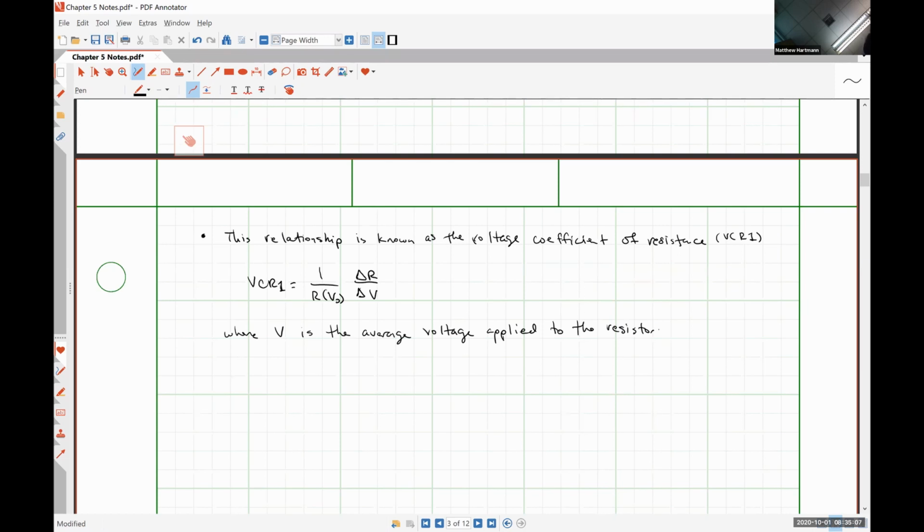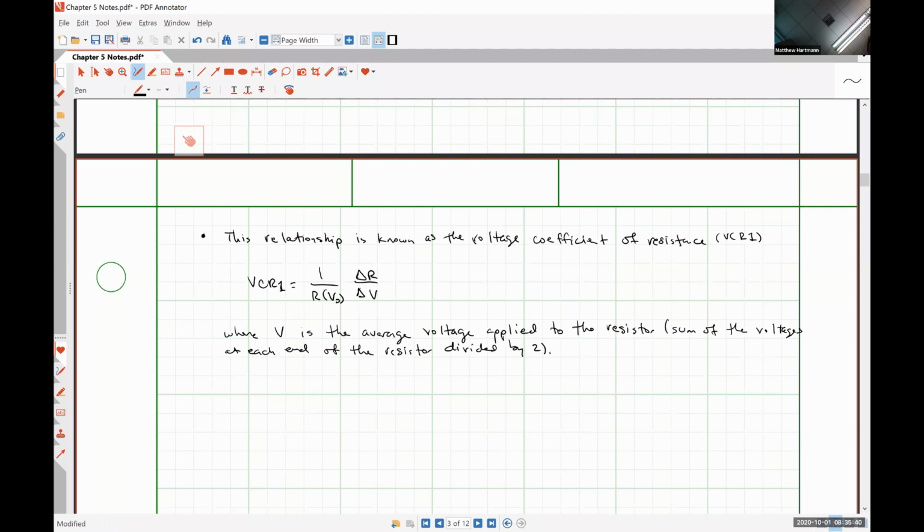Sorry. The average voltage is the sum of the voltages at each end of the resistor divided by 2.